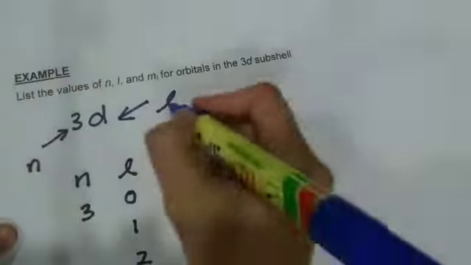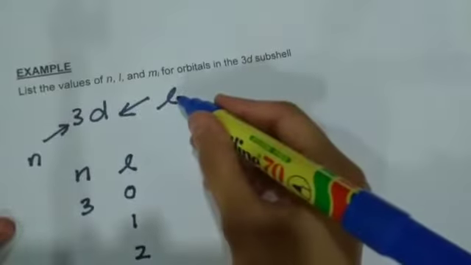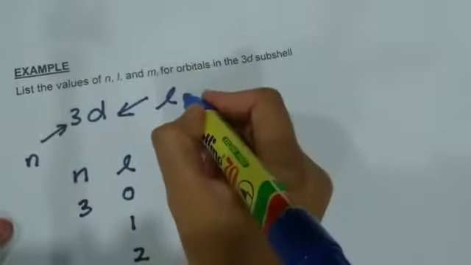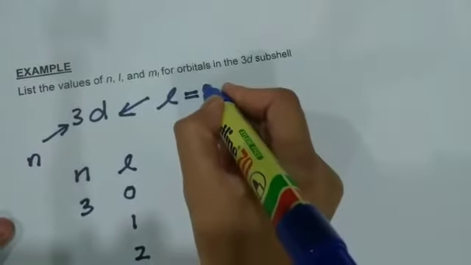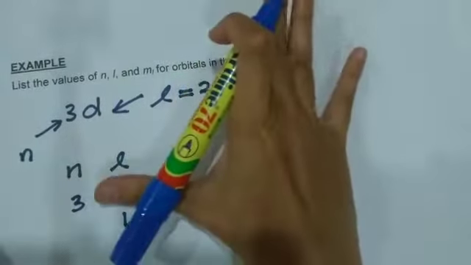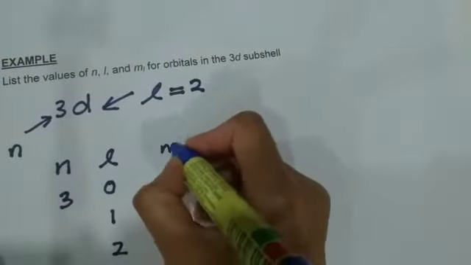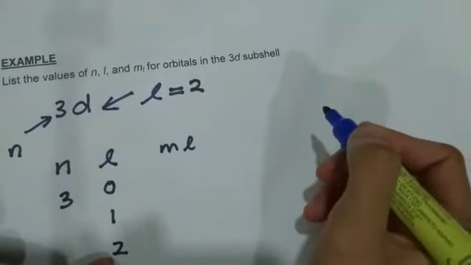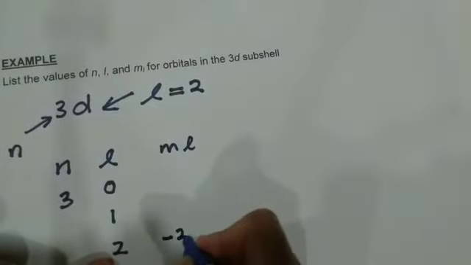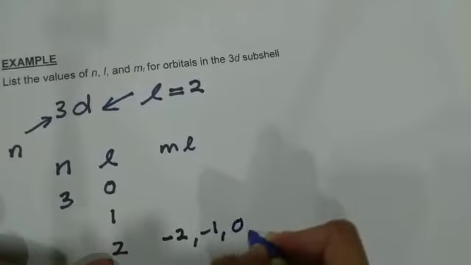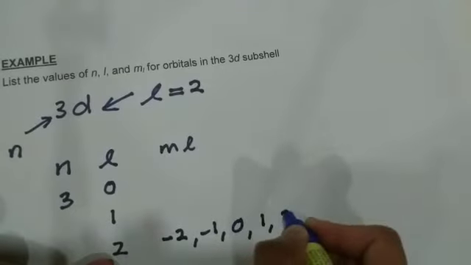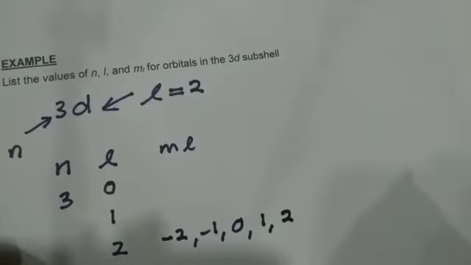When they say d orbital, it means l is equal to 2. So you only list the l is 2; the others above are not needed, but writing them is not a problem. For ml, for l is 2, it is negative 2, negative 1, 0, 1 and 2.